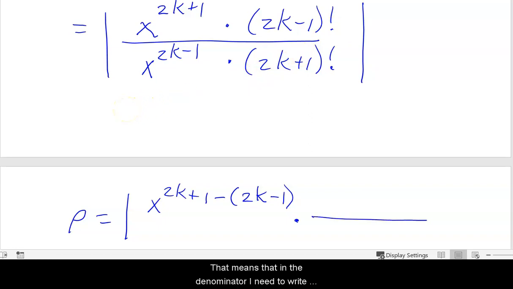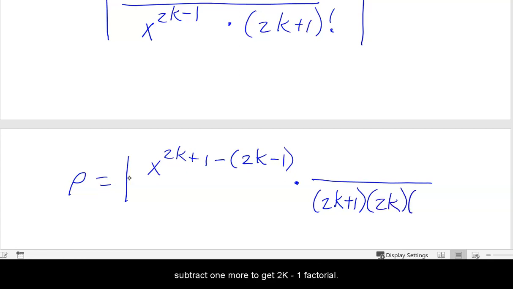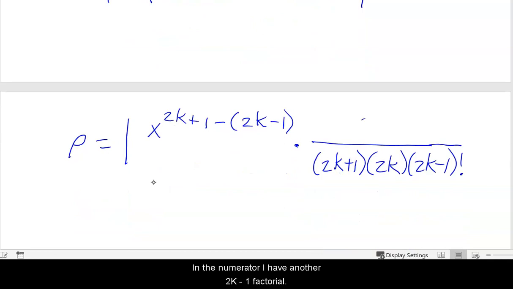That means that in the denominator, I need to write the 2k plus 1 factorial as 2k plus 1, subtract 1 to get 2k, and subtract 1 more to get 2k minus 1 factorial. In the numerator, I have another 2k minus 1 factorial.